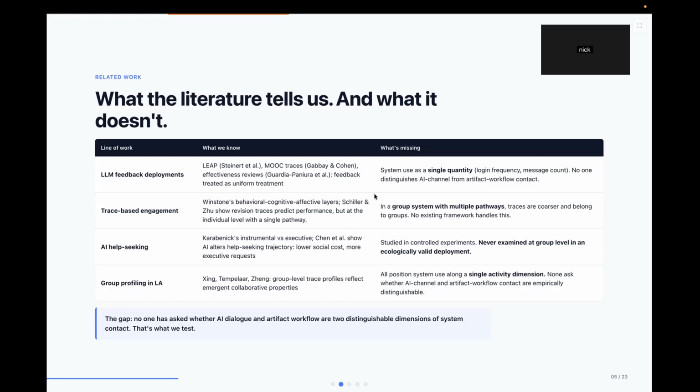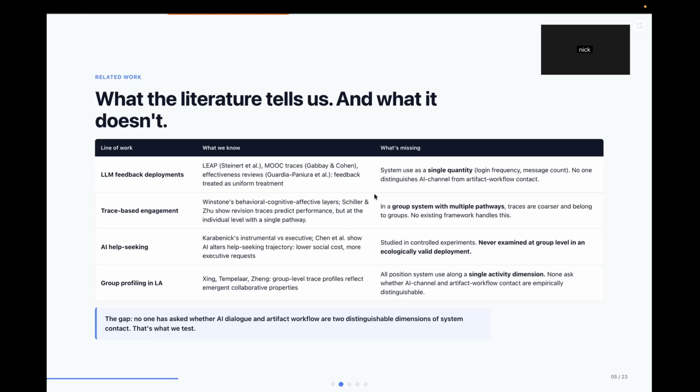And last but not least, group profiling in LA positions systems along a single activity dimension, so they only have low activity, middle activity, high activity, and such.